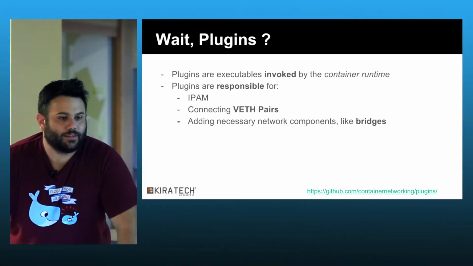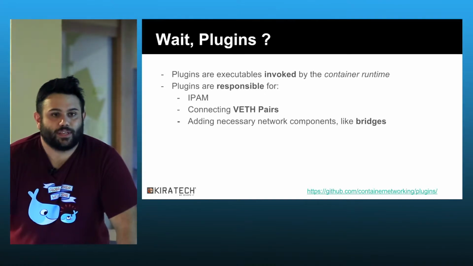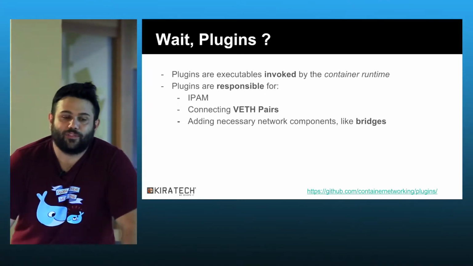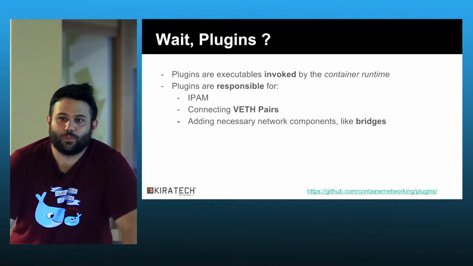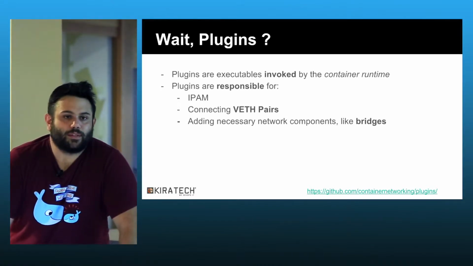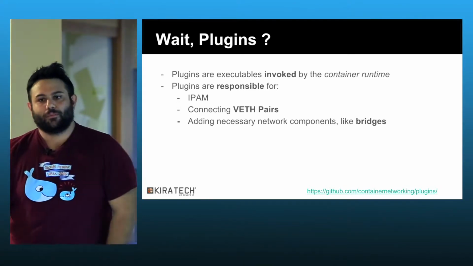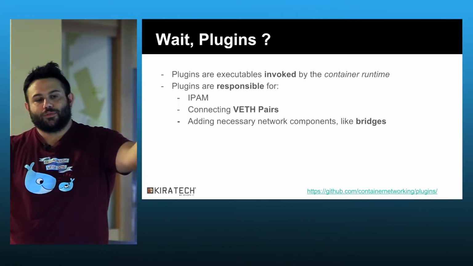And that's why bridges exist, because if you want to connect multiple VIF pairs, like connecting multiple containers in the same network, you need a bridge, because a VIF pair is just a cable between two cards.